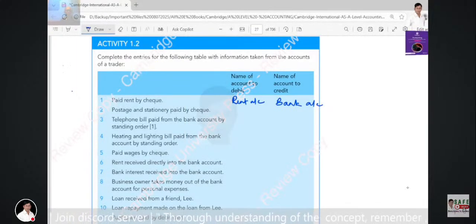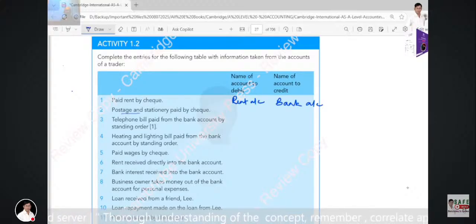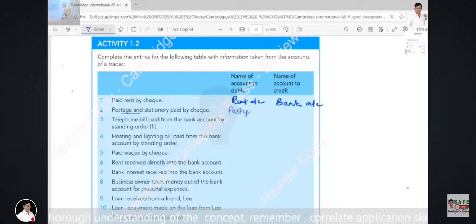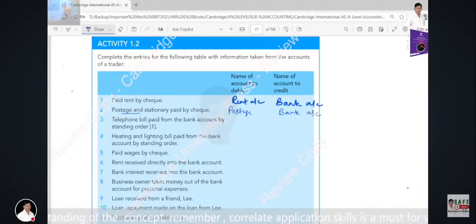So postage and stationery paid. Again, money is going out of the bank. Postage and stationery is an expense, so debit postage and stationery. Then, telephone bill paid from the bank account by standing order.